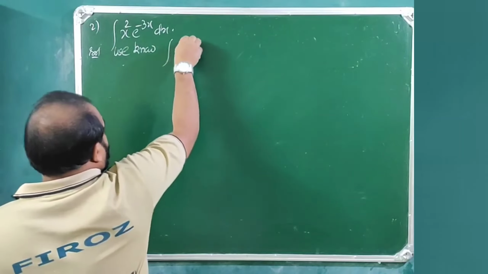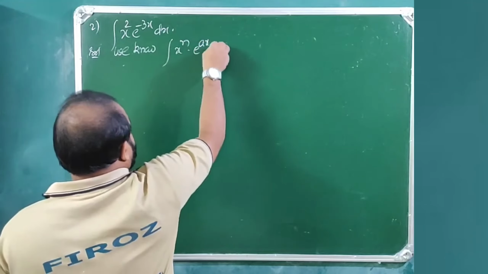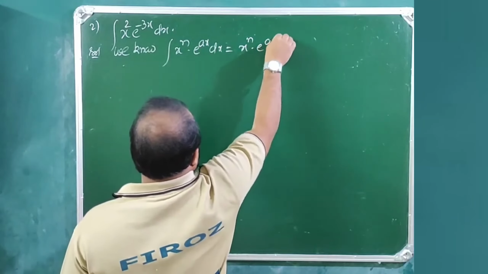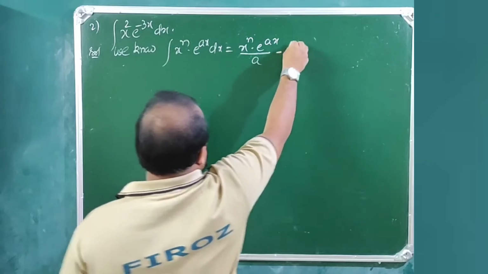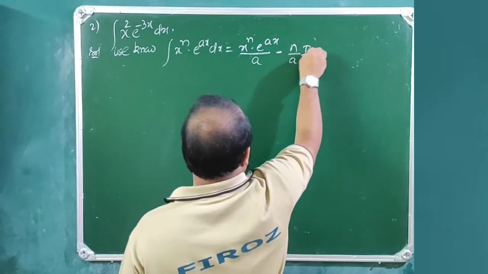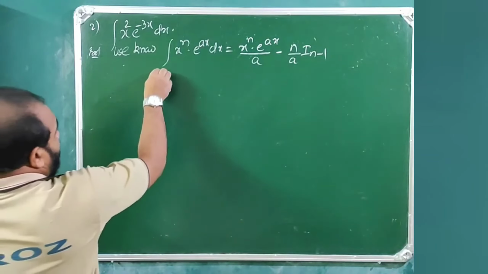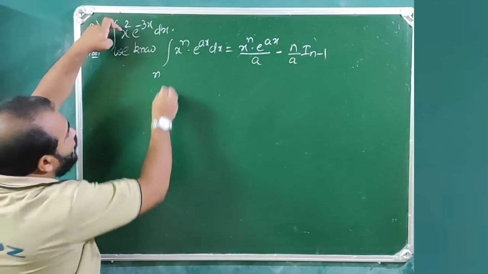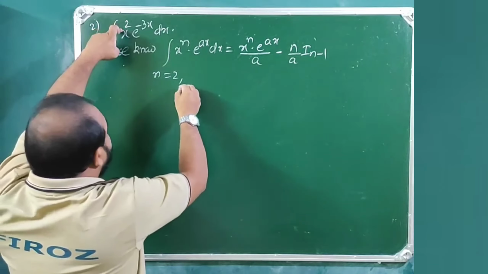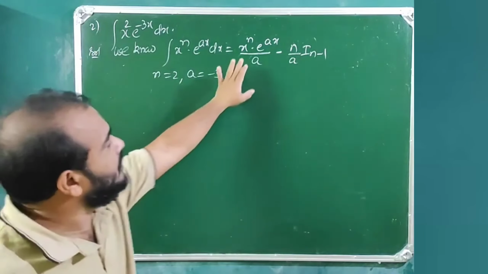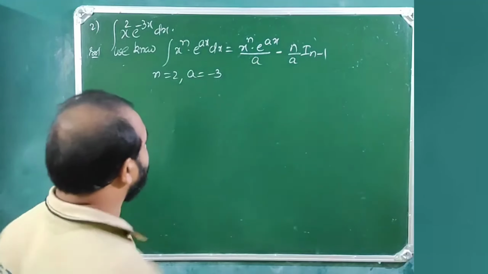Integral x power n into e power ax dx is equals to x power n into e power ax by a minus n by a I n minus 1. So here in the place of n you may see 2 and a is equals to minus 3. So let us substitute in here.